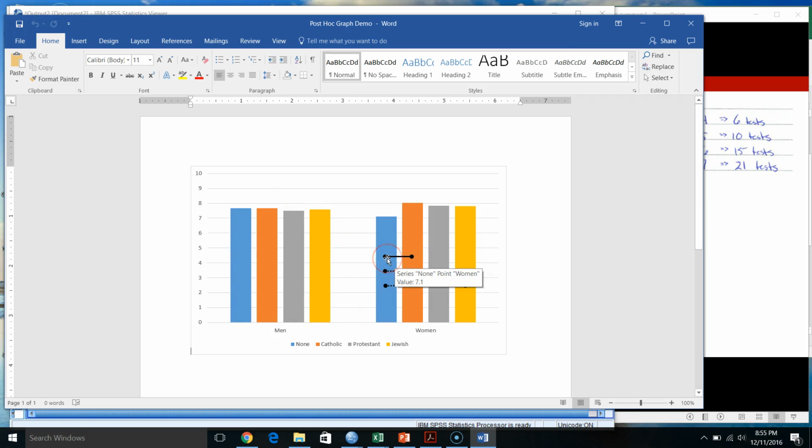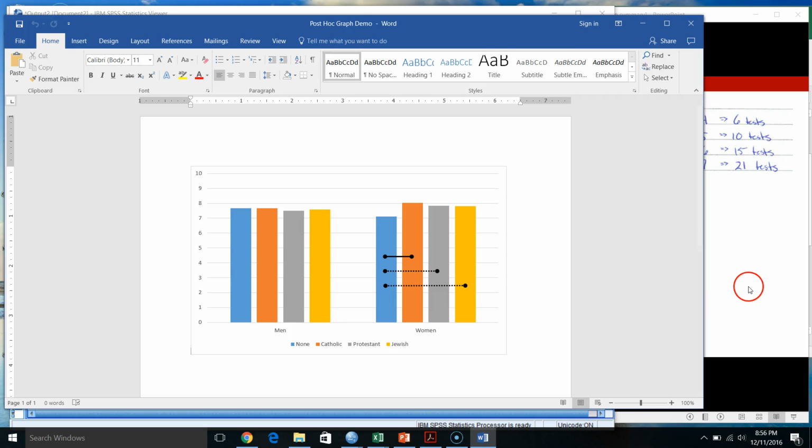Within the women, we see less conservative beliefs among our unaffiliated women as compared to our Catholic women, and that effect is consistent with a large effect, about 0.8 of a standard deviation. Here we've got a medium effect, and here we've got a medium effect, both about 0.6 of a standard deviation, if I'm remembering correctly, but even these didn't reach criteria for statistical significance after correcting for all the exploratory tests within this interaction.